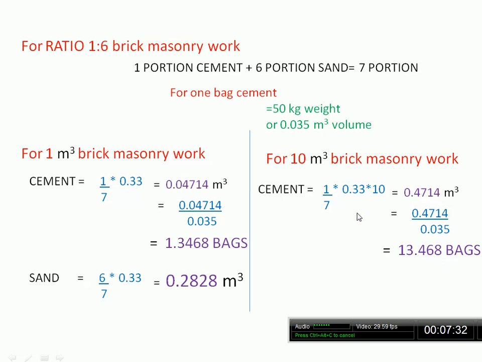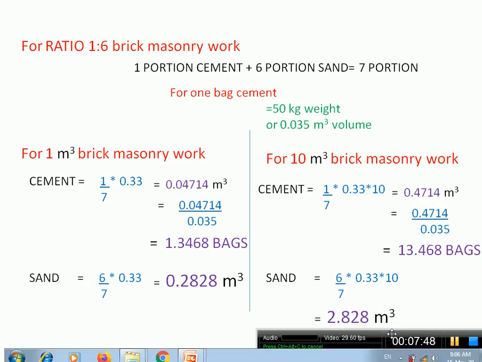That means for 10 m cube brick masonry, the cement quantity required is 13.46 bags, that means about 14 bags of cement. Now find out the value of sand. The 6 portions of sand divided by total 7 multiplied by 0.33 and multiplied by 10, then we get 2.82 m cube quantity of sand.